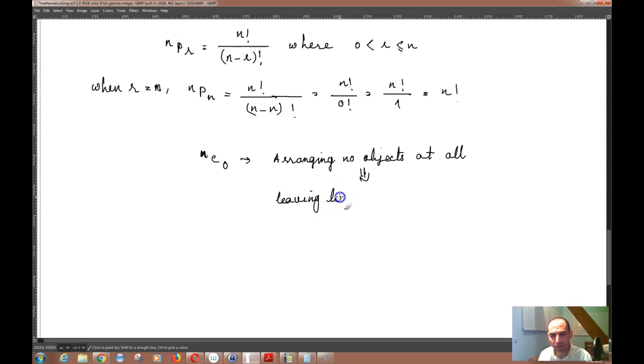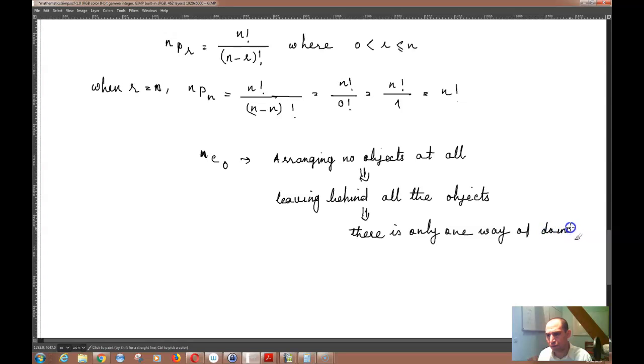And there is only one way of doing so. What that means is that there is only one way of leaving behind all the objects. You just leave behind all the objects. And we know that there is only one way of doing so.